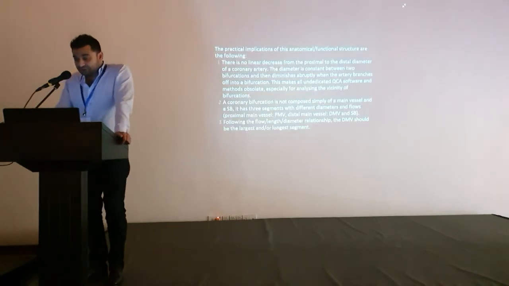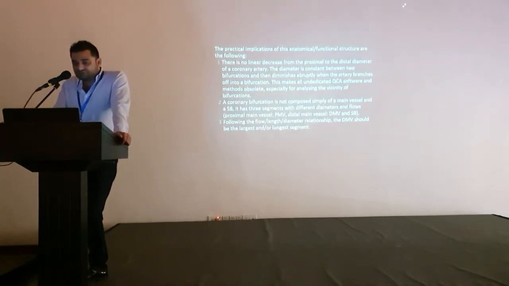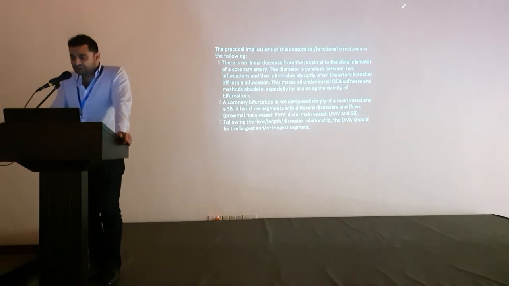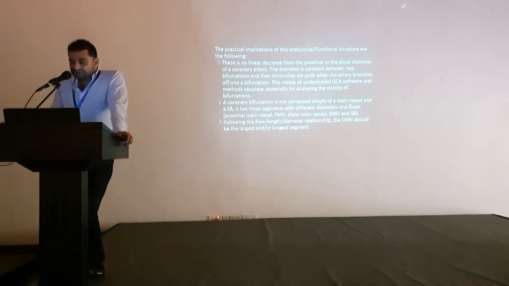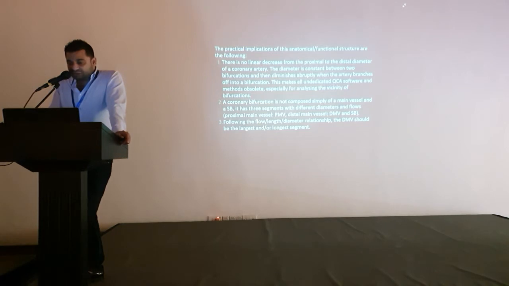The practical implication of this anatomical functional structure is, firstly, there is no linear decrease from the proximal to distal diameter of the coronary artery, meaning the diameter is constant between bifurcations and then diminishes abruptly when the artery branches into a bifurcation. This makes all undedicated QCA software and methods obsolete, especially for the analysis of the vicinity of bifurcations.